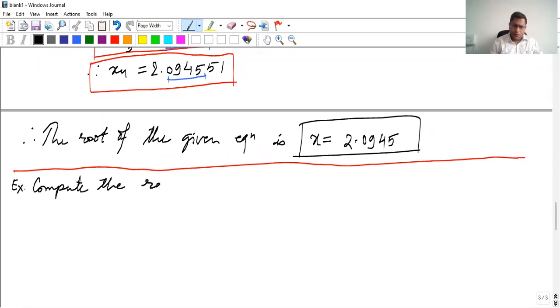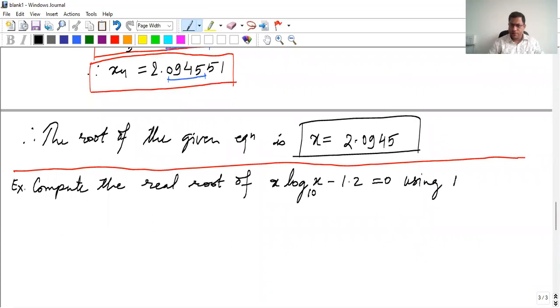Compute the root of x log x to the base 10 minus 1.2 equal to 0 using Newton-Raphson method.